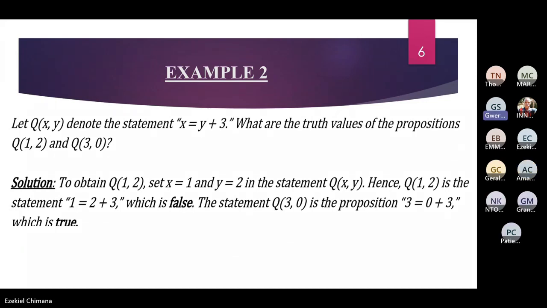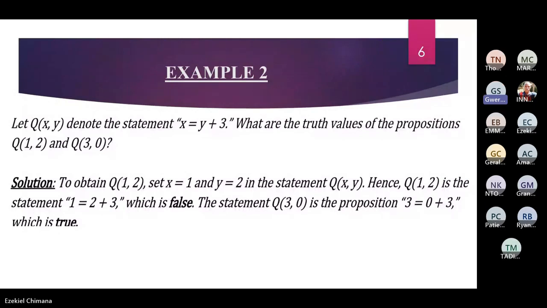Then we also have another example over here. Let Q of x, y denote the statement x is equal to y plus 3. What are the truth values of the propositions Q of 1, 2 and Q of 3, 0? So our solution: to obtain Q of 1, 2, we set x equal to 1 and y equal to 2 in the statement Q of x, y.